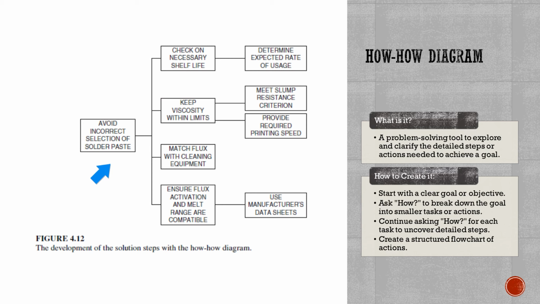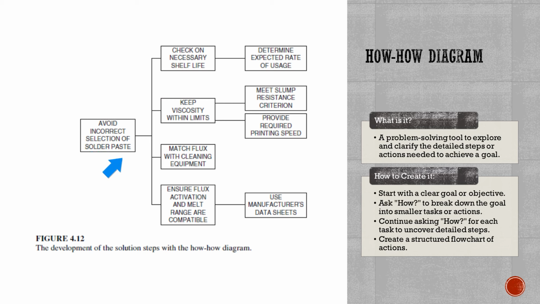So we ask how to avoid it, and among the answers given are to check unnecessary shelf life, keep viscosity within limits, match flux with cleaning equipment, ensure flux activation and melt range are compatible. So these are all the possible solutions that may result in avoiding incorrect selection of solder paste.